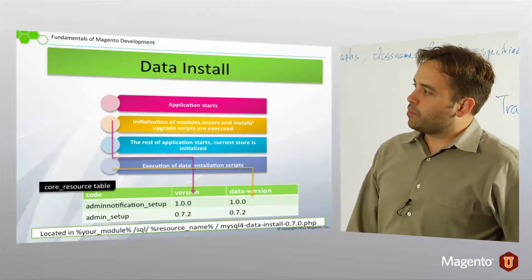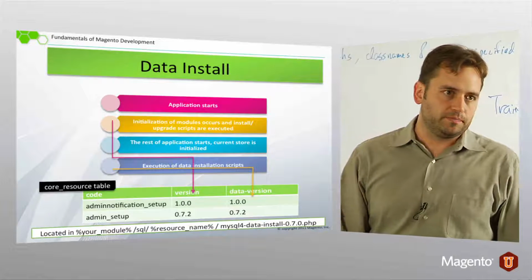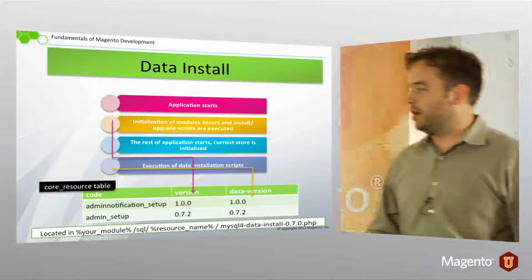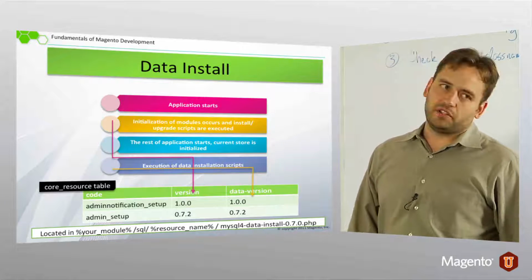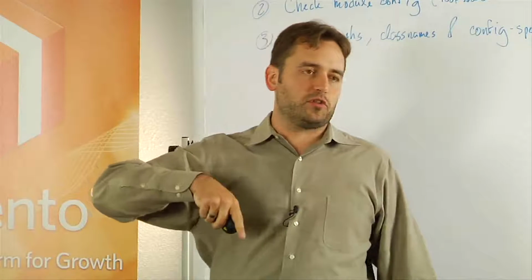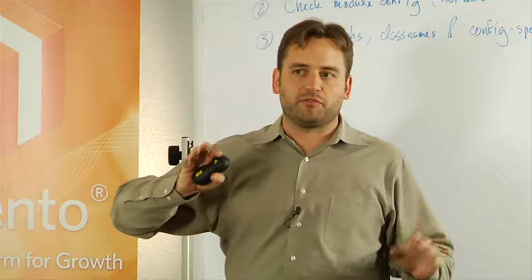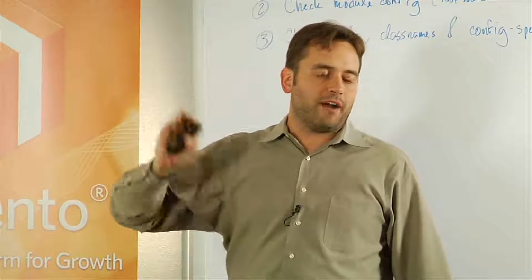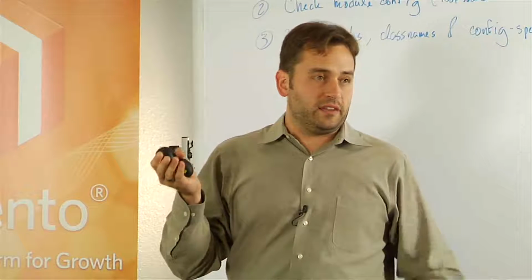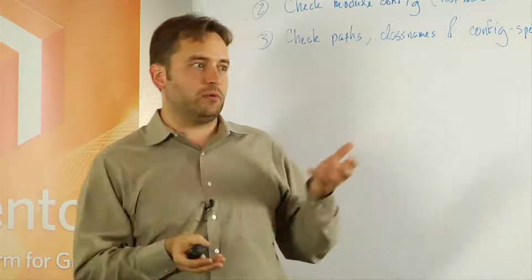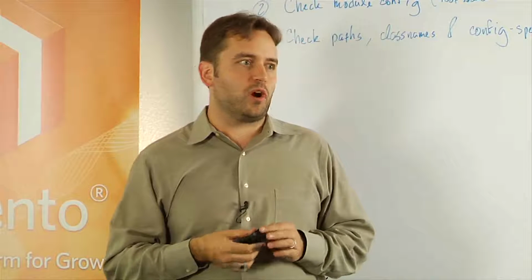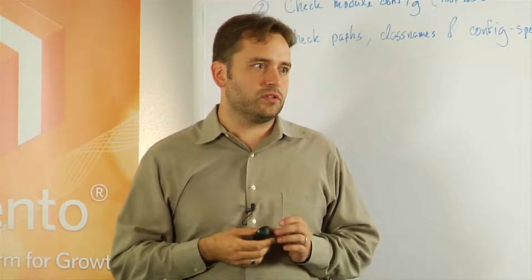So data install is a little different. It's basically the same thing, but data installs execute after the store. Basically, the big difference is data installs occur after the stores have been initialized, and that's done that way so that in the event that we have a multi-language site and we need to install data for different languages, we can use those store objects to do that and have those store values.